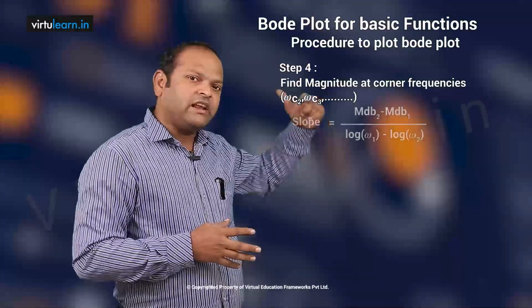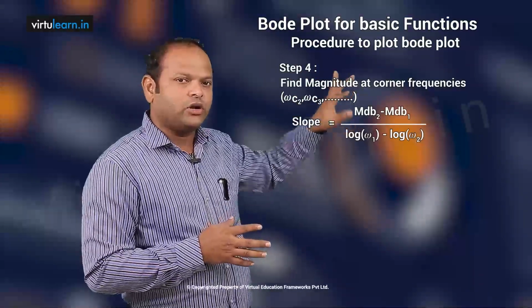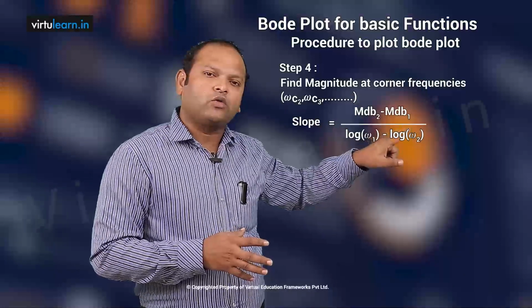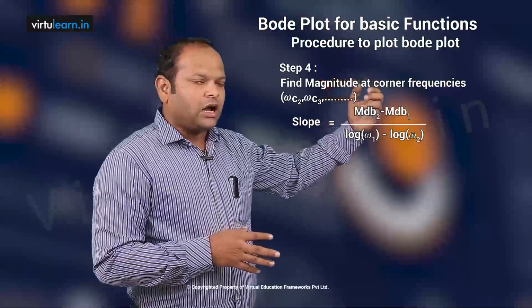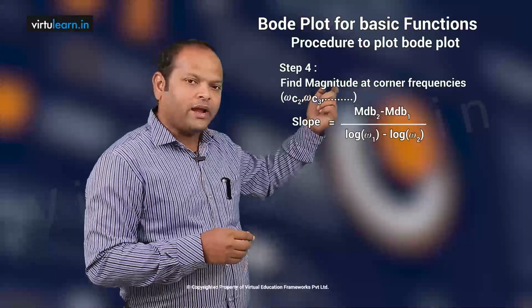This formula is derived from the slope, which is equal to MdB2 minus MdB1 upon log omega 2 minus log omega 1, dB per decade. In that, the unknown is MdB2, which in this case is MdB omega C2.